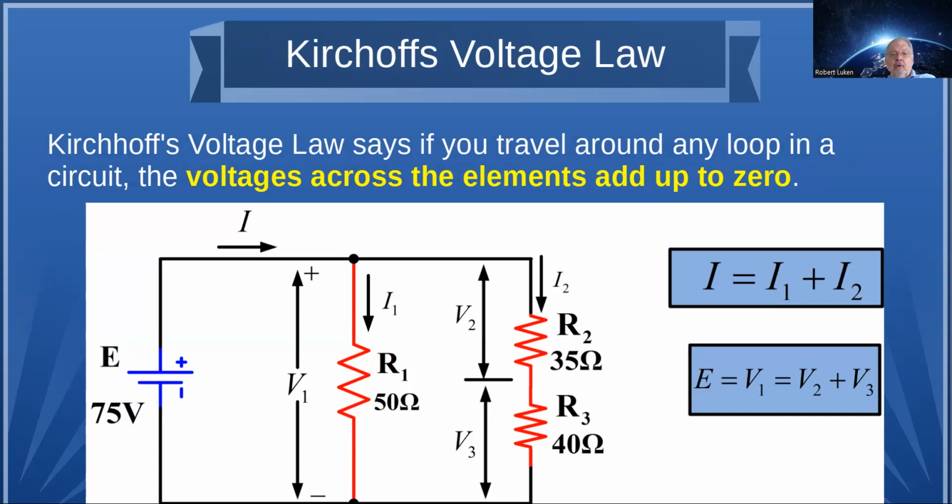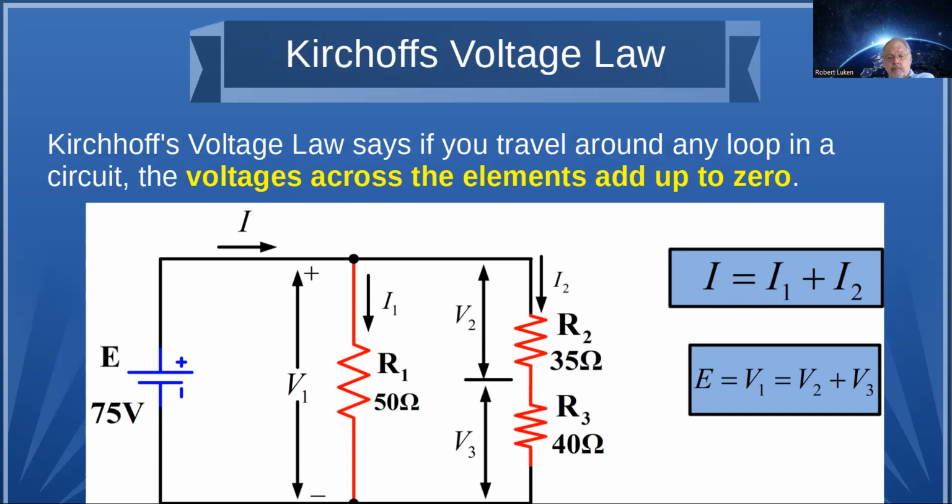So there's 75 volts across R1. There's also 75 volts across the combination of R2 and R3. So if I calculated the voltage across R2 and the voltage across R3, being V2 and V3, they would add up to be equal to V1 or the 75 volts.